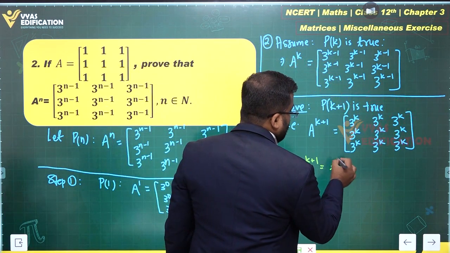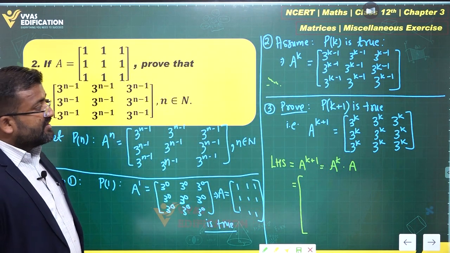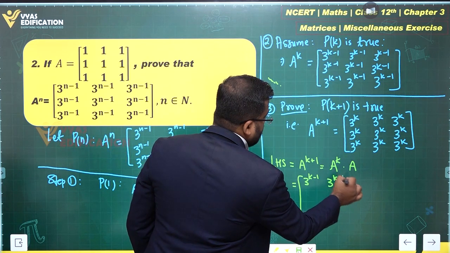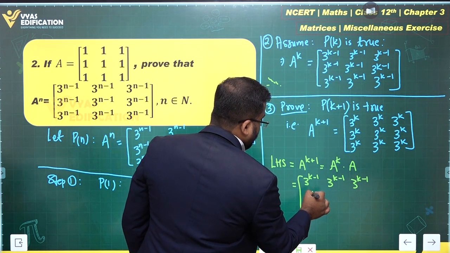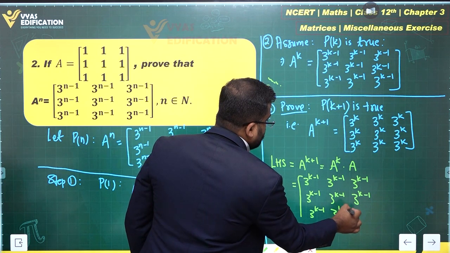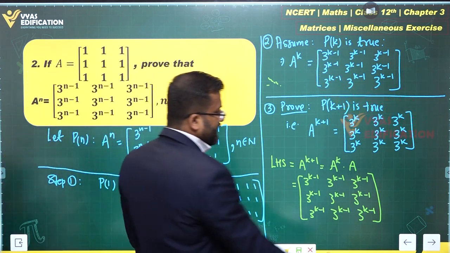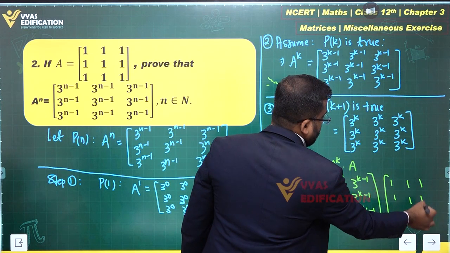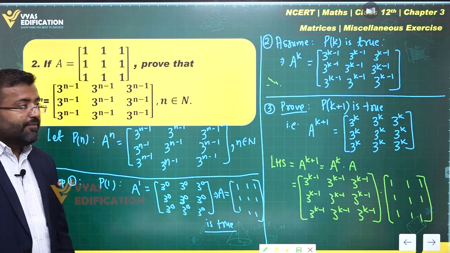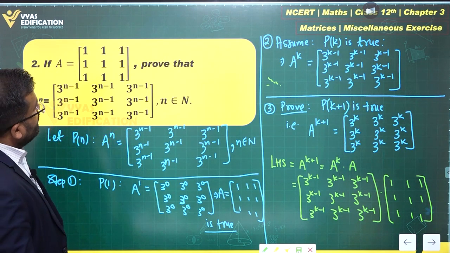A power k plus 1 is equal to A power k times A. A power k is the matrix with every entry 3 power k minus 1, and this has to be multiplied with the matrix A. Now let's go about multiplying these two, which will require some more space.